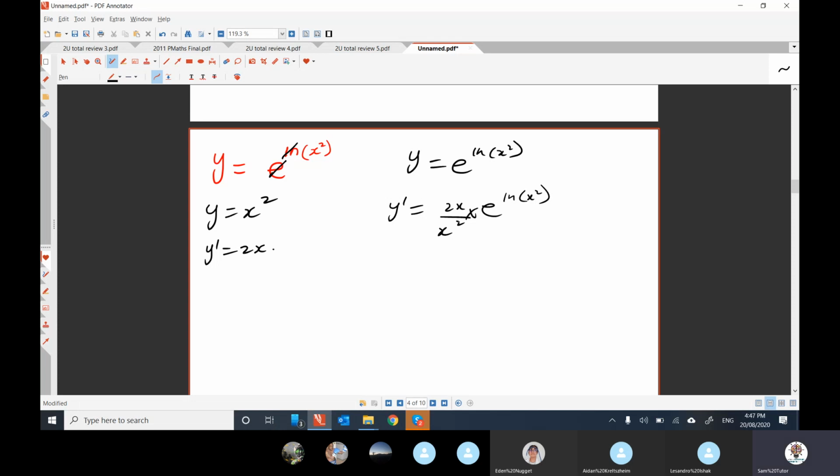Next line, the x cancels out, I have 2 on x, times e to the log x squared. Now at this stage you needed to realize that e and log still cancel. So you can't avoid that problem I had at the beginning. Multiplied by x squared, and then this cancels out, you're left with 2x.